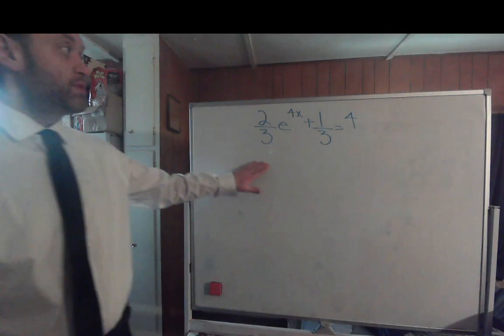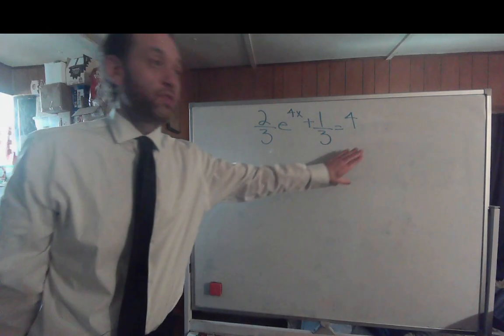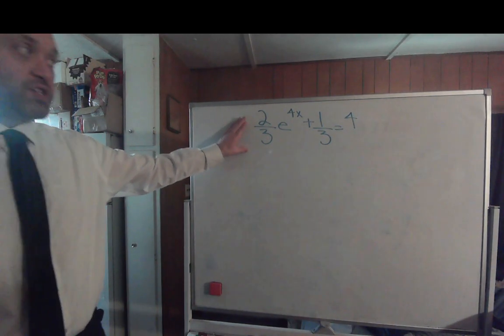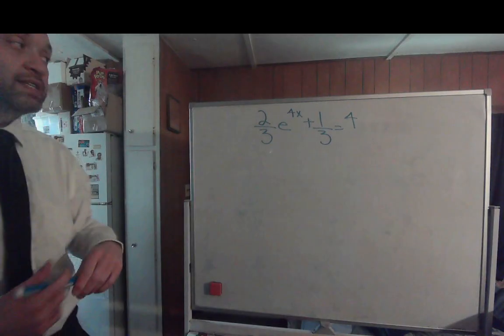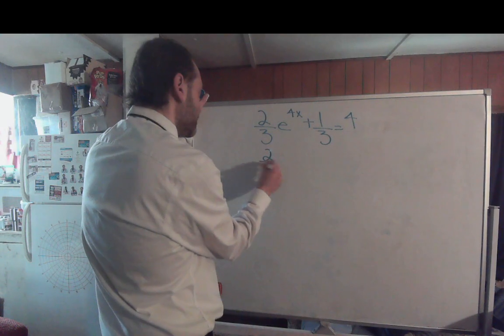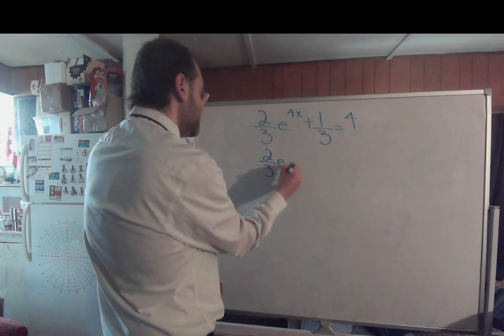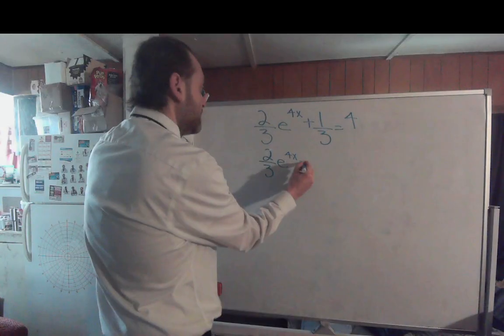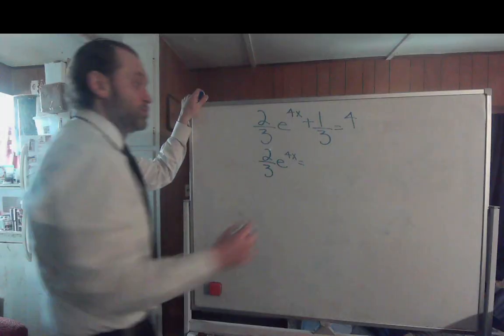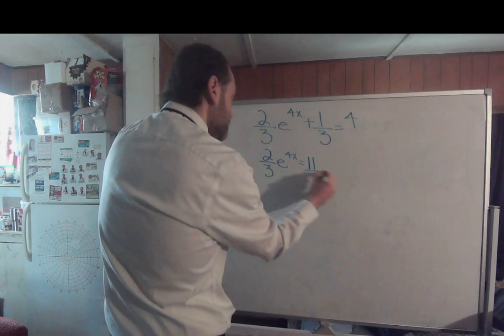Definitely want to start out by getting that 2/3 e to the 4x by itself, right? So 2/3 e to the 4x would equal, so what is 4, that's 12/3 minus 1/3, that would be 11/3.